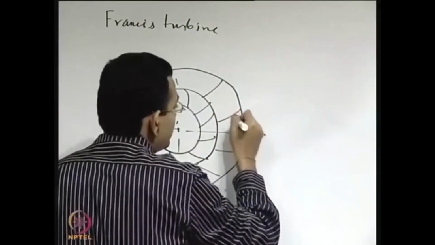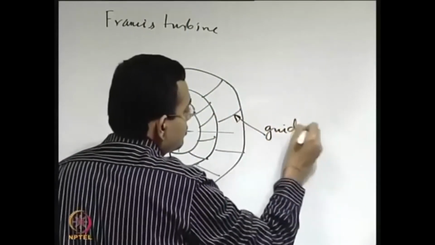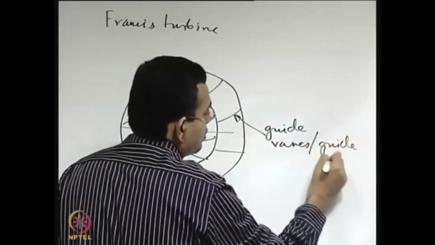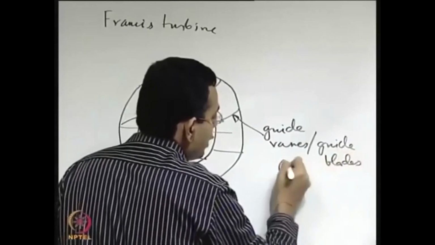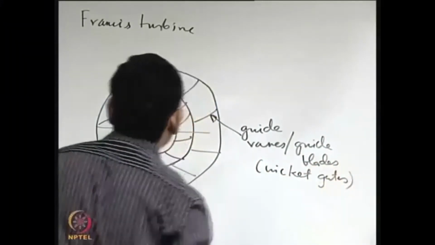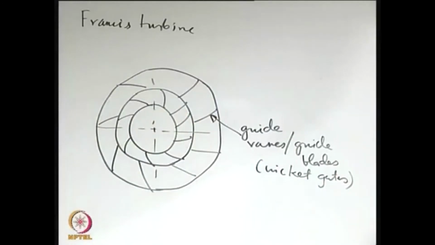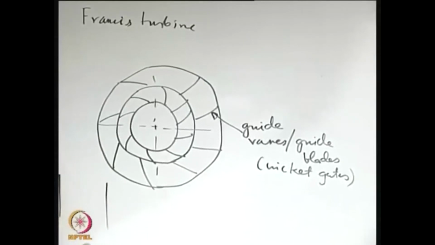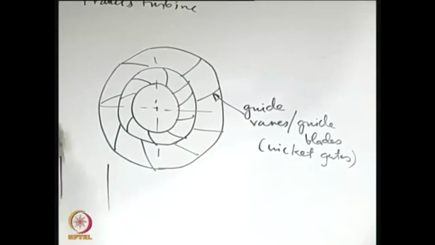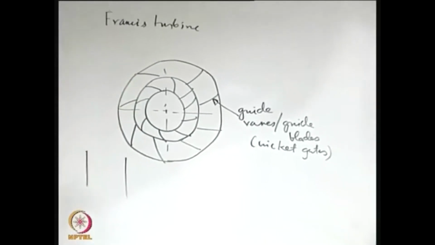So these are known as guide vanes or guide blades or sometimes wicket gates. Now let us say that this is a penstock. So penstock is the pipe through which you are having supply of the water to the turbine runner.